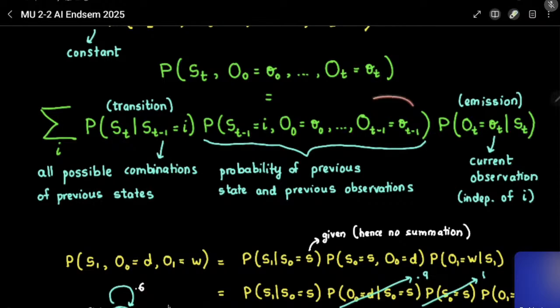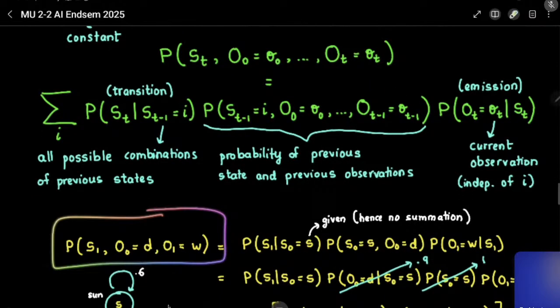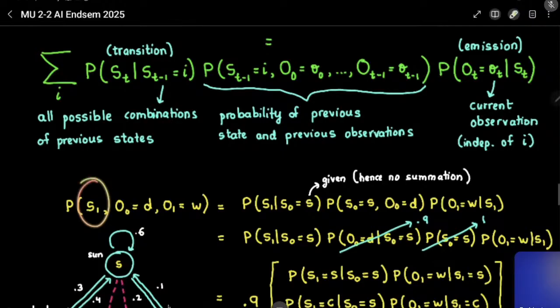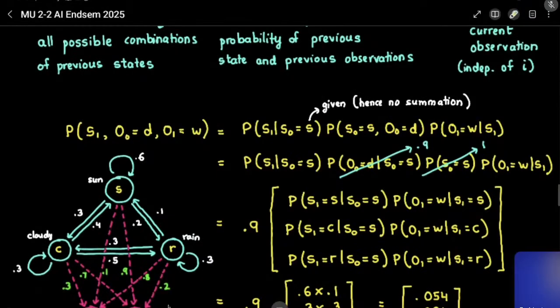Here the observations also end at T minus 1. So first we'll try to find what this is. Mind you, this is a random variable S1. I did not assign sunny, cloudy or rainy yet, so I'll get a vector of probabilities. So for the probability of S1 along with these observations, I can apply my formula here.